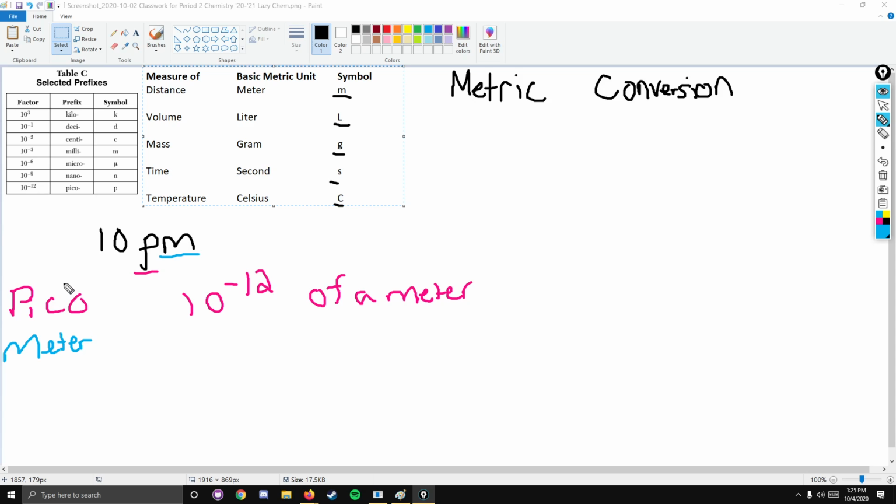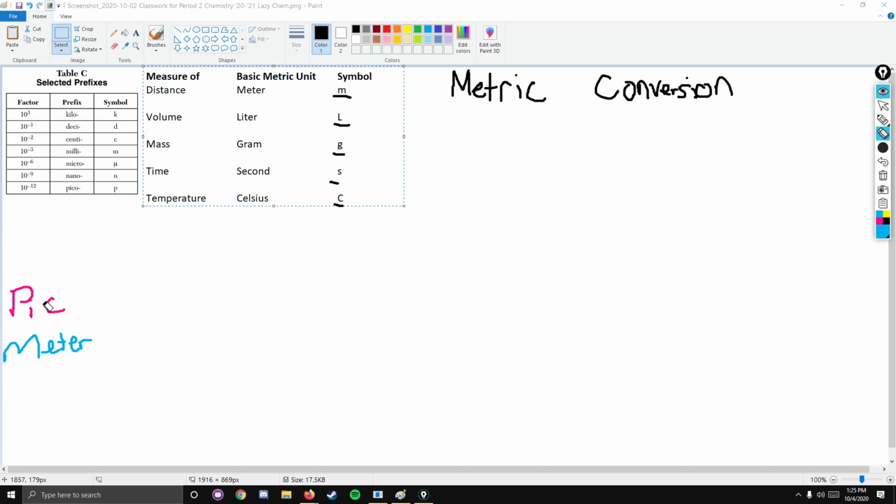So when we're converting, there are two methods in which I want to show you. Let's say we're trying to go from meters to kilometers.